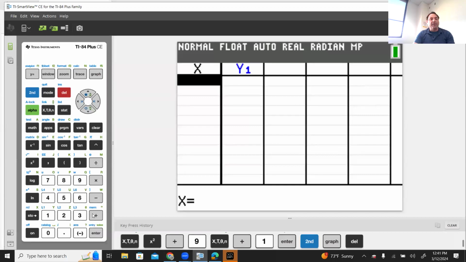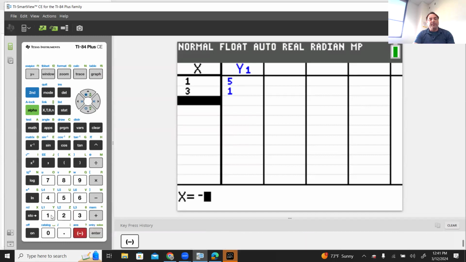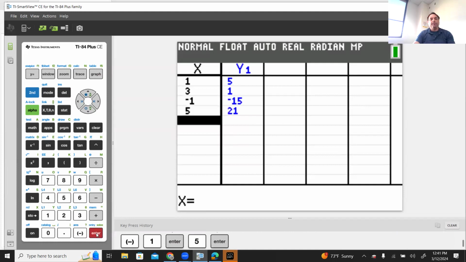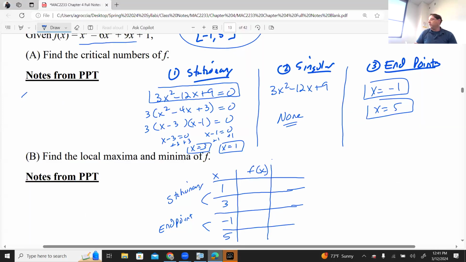The points we have are 1, 3, -1, and 5. We go to the table. 1 gives you 5, so we're going to look at the point 1, 5. 3 gives you 1. We're going to look at the point 3, 1. -1 gives you -15. -1, -15. And 5 gives you 21, 5, 21.